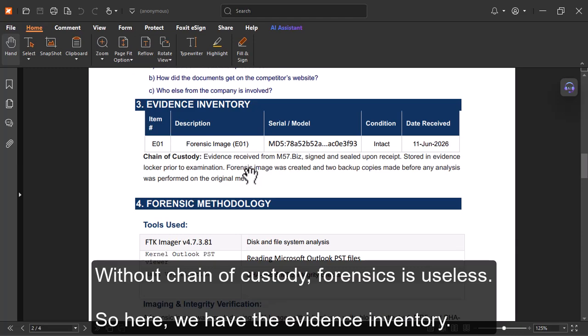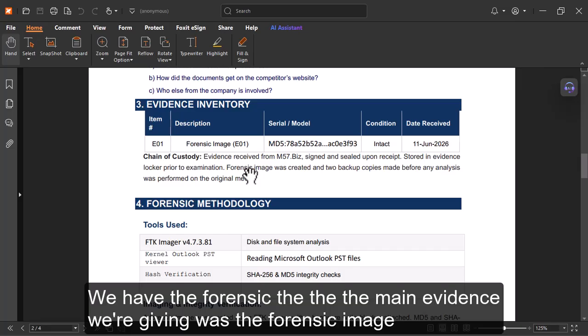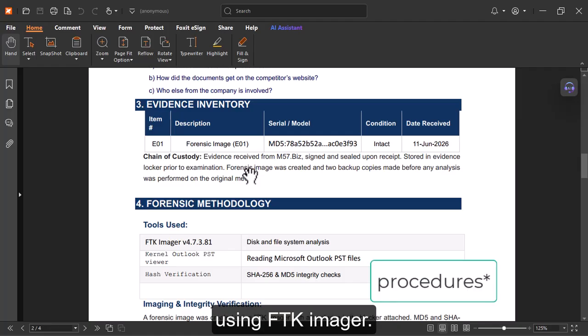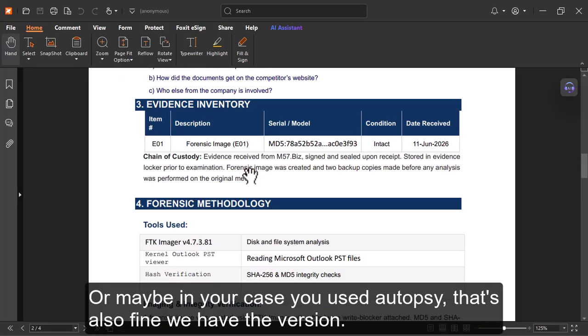So here we have the evidence inventory. The main evidence we're giving was the forensic image, which we analyzed using FTK Imager, or maybe in your case you used Autopsy. That's also fine.